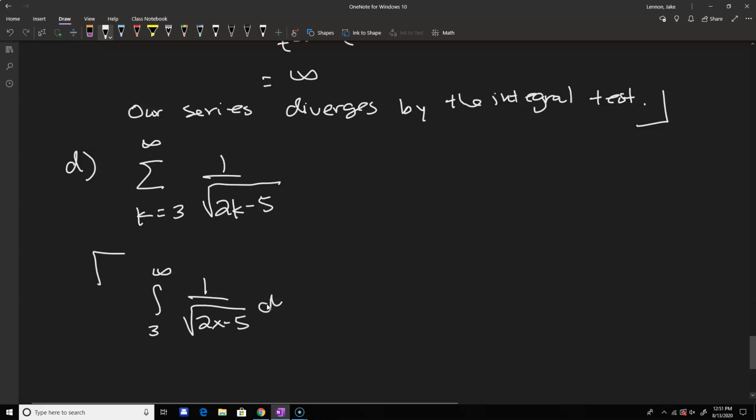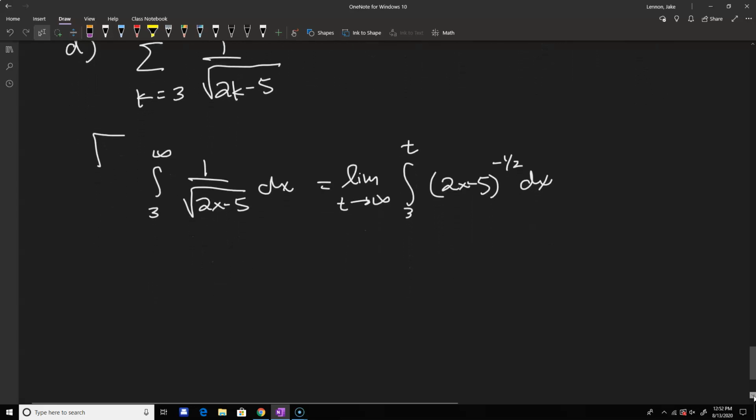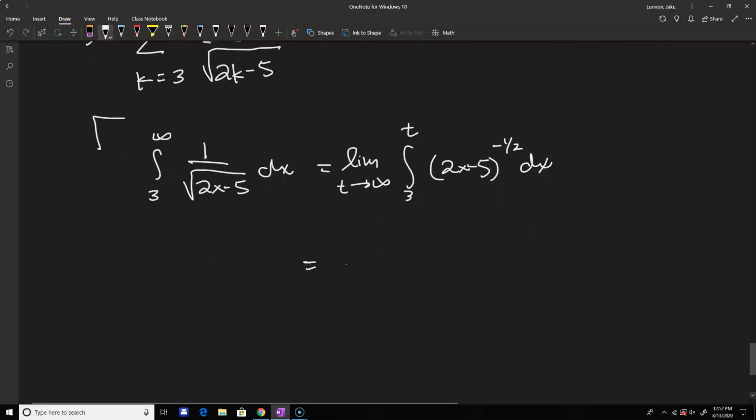5 dx. So this is going to be the limit as t goes to infinity from 3 to t of, maybe it's easier if we rewrite this as 2x minus 5 to the negative 1/2 dx. And then we can go ahead and do our antiderivative.